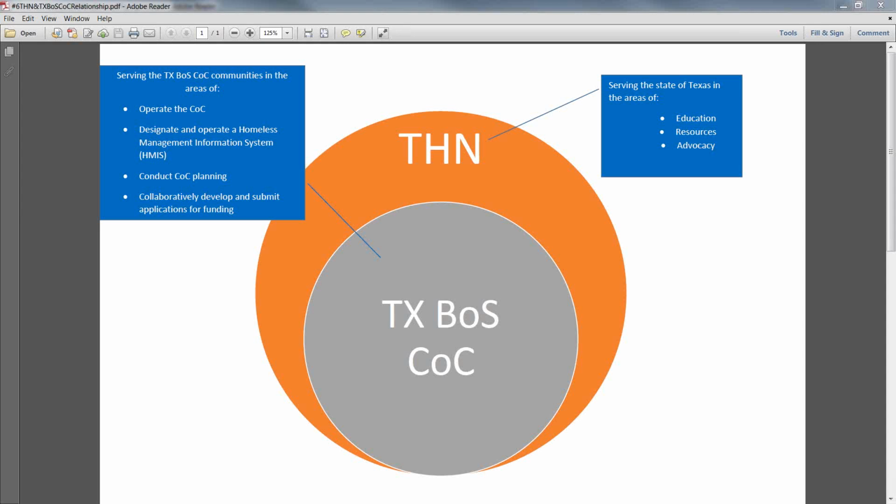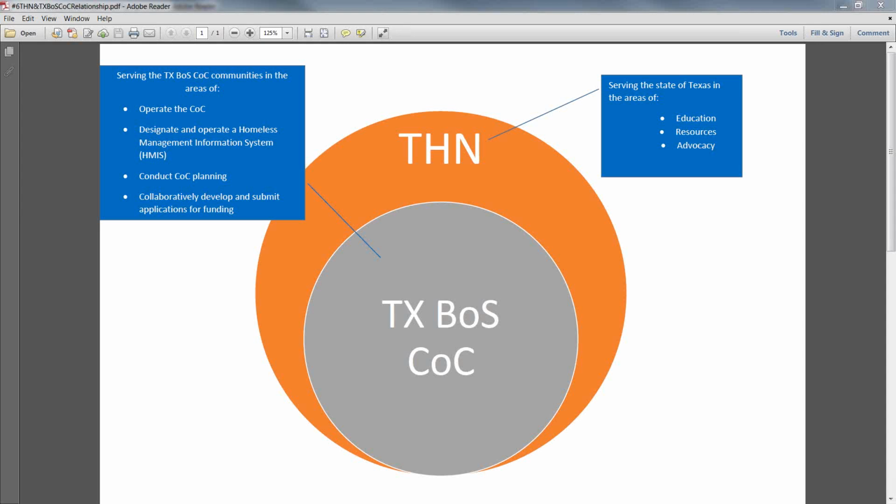So we're going to try to do a better job over the next few months of explaining how that relationship works and what you as members should expect from us, you as COC members, and what our entire THN membership group should expect from us.